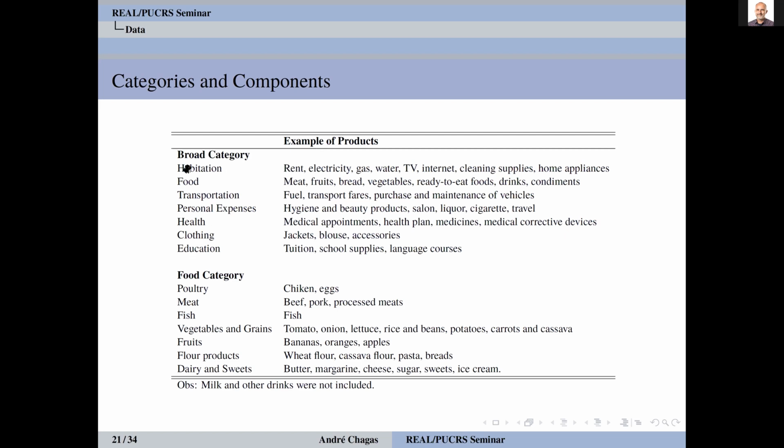This is the general, and this is a whole category that uses the total budget of the family in this kind of category. And in another exercise, we take the food category and consider subcategories of food like pork, meat, fish, vegetables, fruits, flour, and dairy and sweets. Then this is the subcategory of food. Then you have two systems of equations, this first one and this second one.